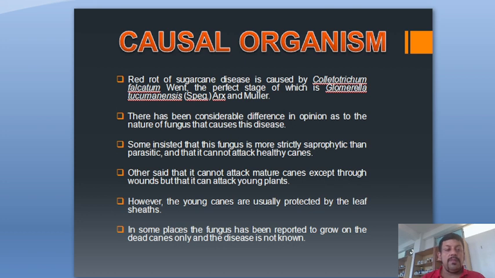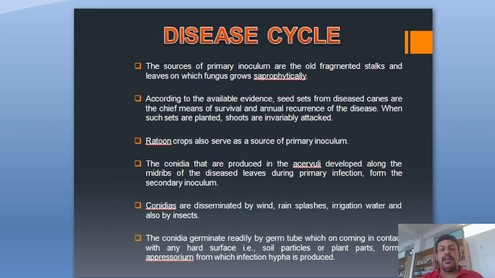Then the disease cycle, which is very important. The sources of primary inoculum are the old fragmented stalks and leaves on which the fungus grows saprophytically. According to the available evidence, seed sets from diseased canes are also the chief means of survival and annual recurrence of the disease. Colletotrichum falcatum, the pathogen, can be associated with the seed and even with the diseased portion.